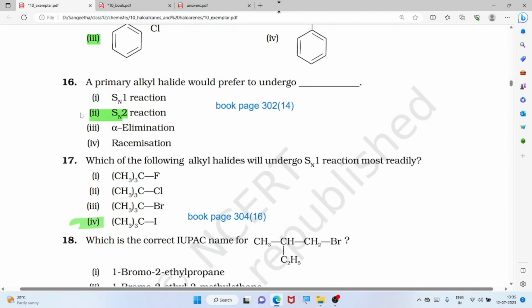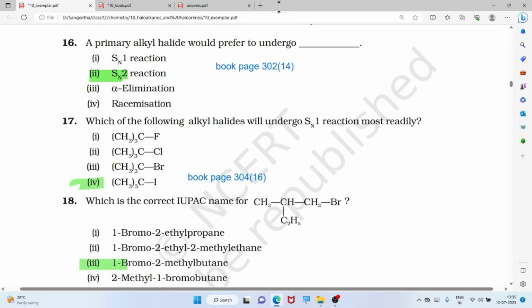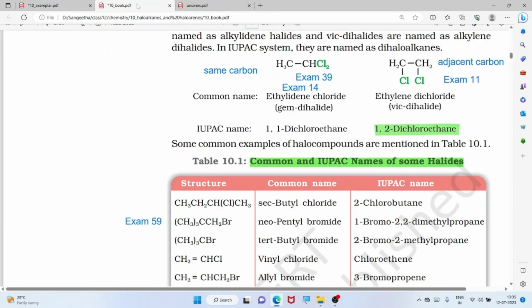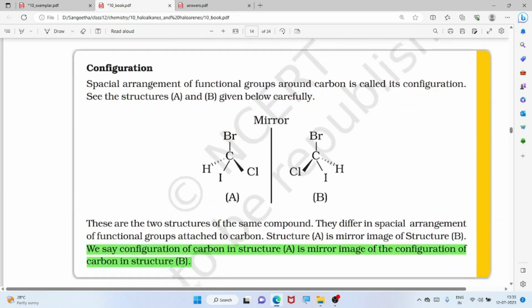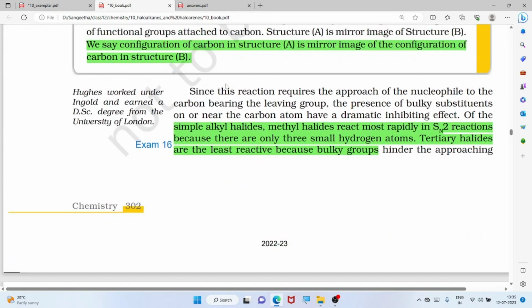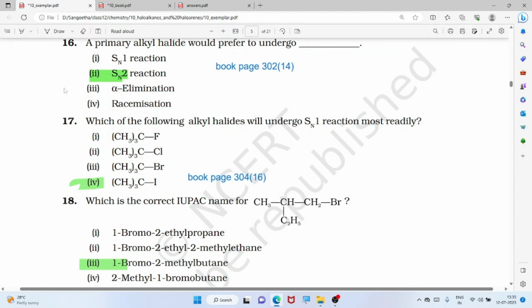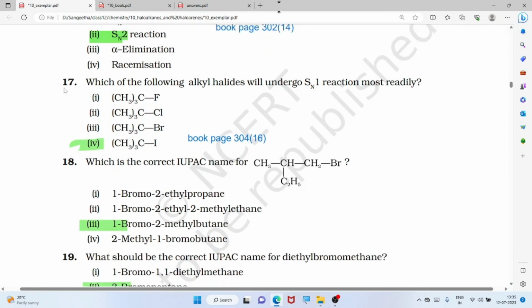A primary alkyl halide would prefer to undergo SN2. Simple primary alkyl halides react rapidly in SN2 reactions. Which of the following alkyl halides will undergo SN1 reaction?